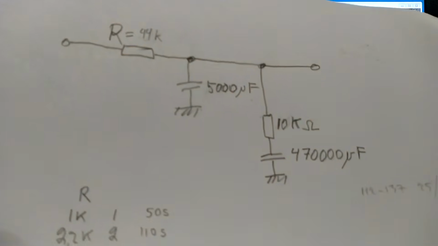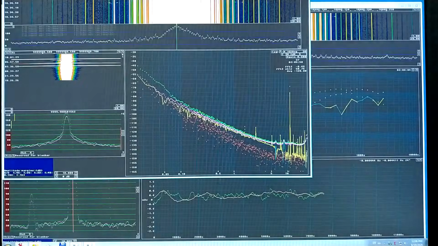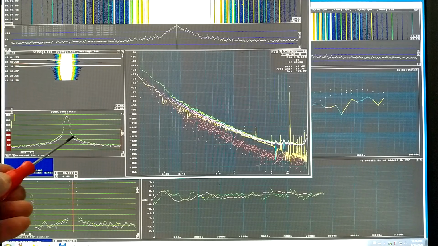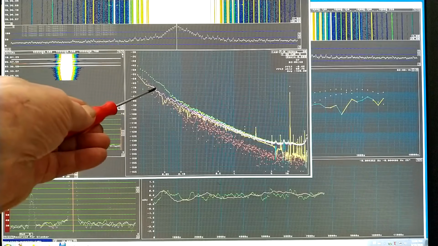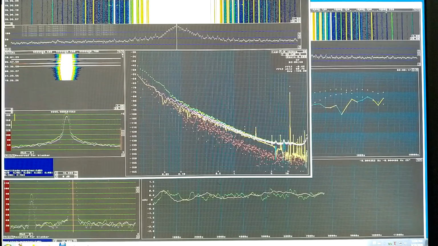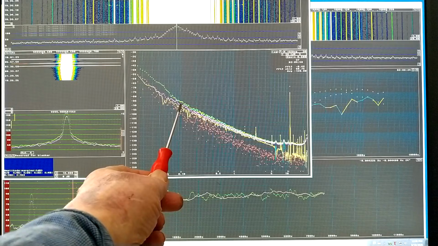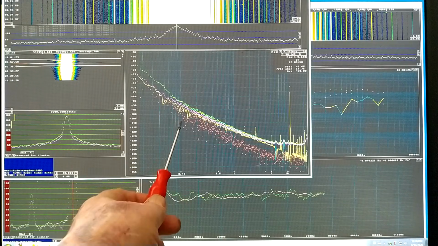I have restored the original components, but still the channel 1 oscillator is significantly more noisy than channel 2. It's clearly seen here, and of course here much better. But at 0.1 Hertz, the difference is maybe 4 decibels.